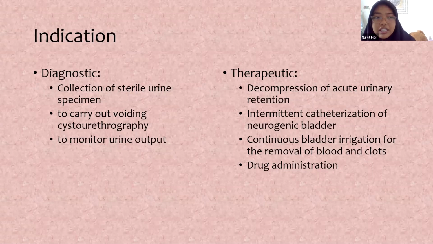For the therapeutic indications, first is decompression in acute urinary retention, then intermittent catheterization in neurogenic bladder, then bladder irrigation to remove blood and clots, and also for drug administration.